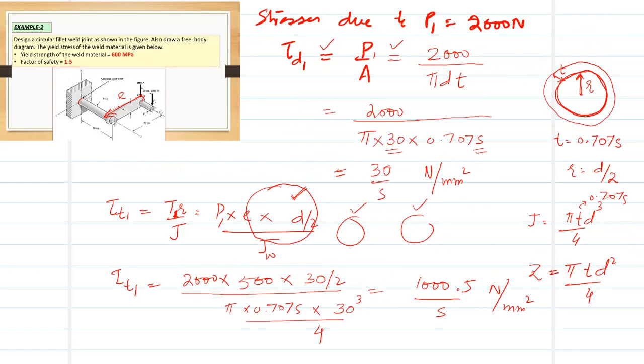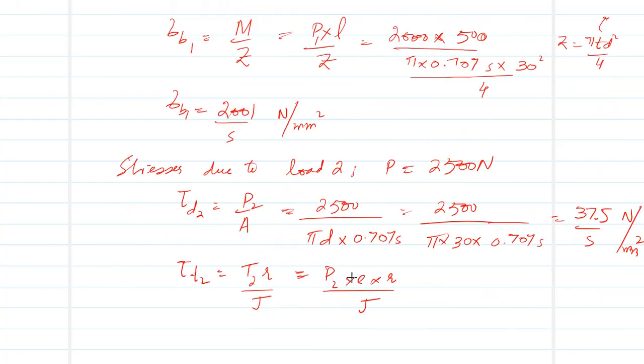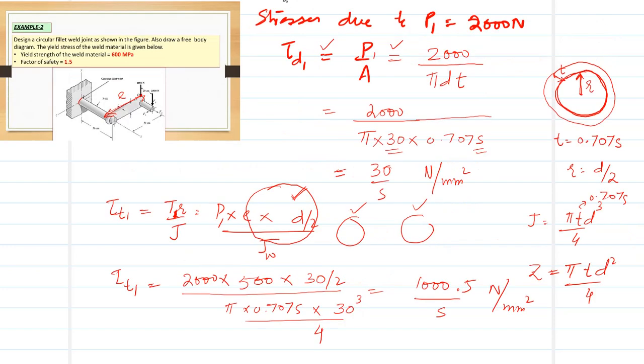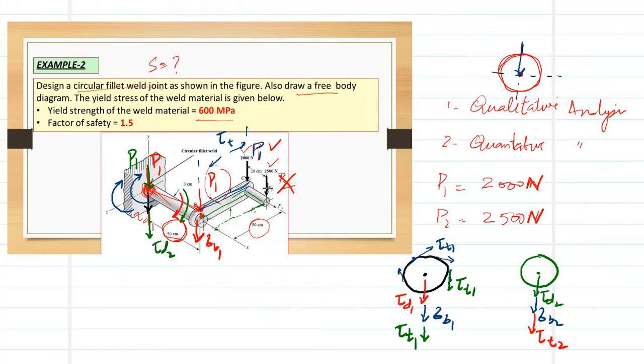In both these loads, these are applied on the same weld. So the only difference is in P and E. See, this load has an additional moment arm. From this figure you can see an additional moment arm of 20 centimeter. The total bending moment arm is 50 plus 20, since this load is applied on the extended arm.